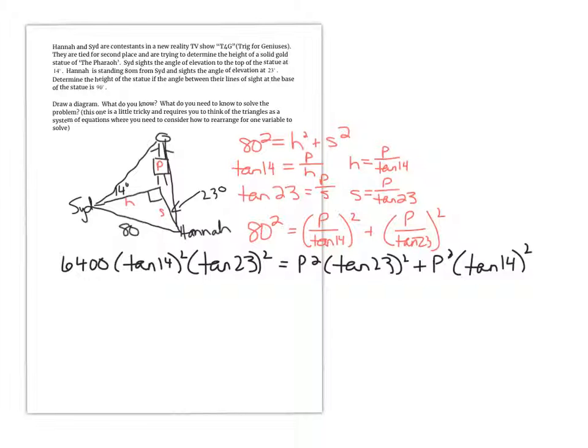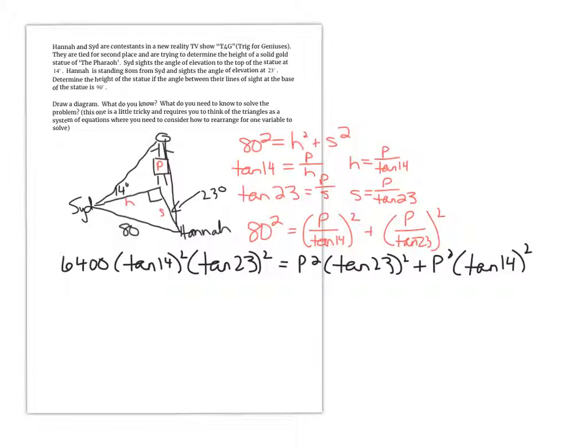When we multiply this by tan 14 squared times tan 23 squared, of course the tan 14s cancel out, just like when we multiply this by tan 14 squared times tan 23 squared, the tan 23s cancel out, which is how we end up with p squared times tan 23 squared and p squared times tan 14 squared, and our left side being 6,400 times tan 14 squared times tan 23 squared.